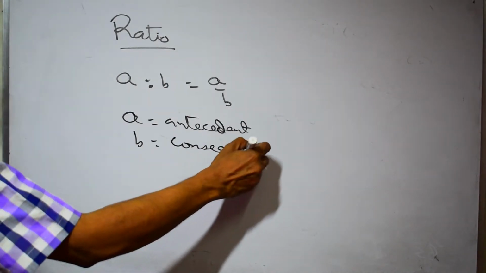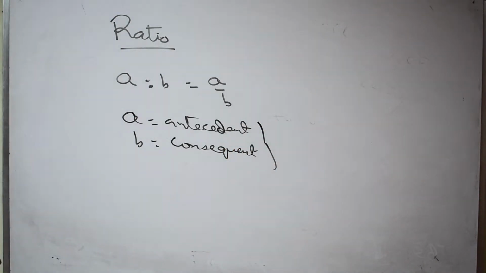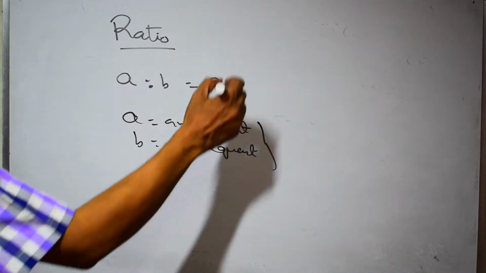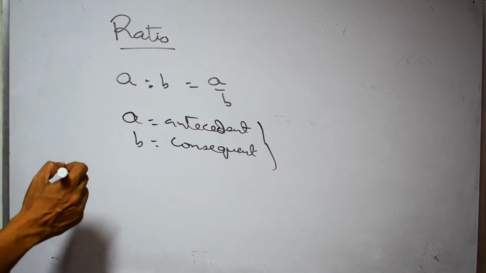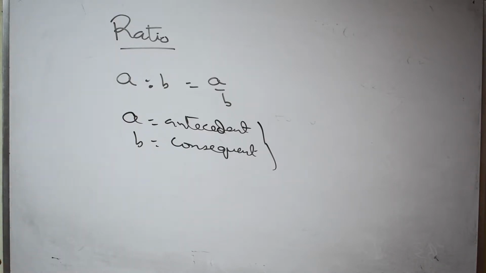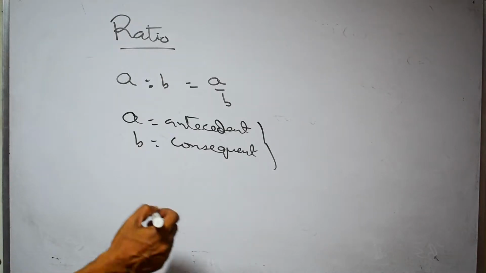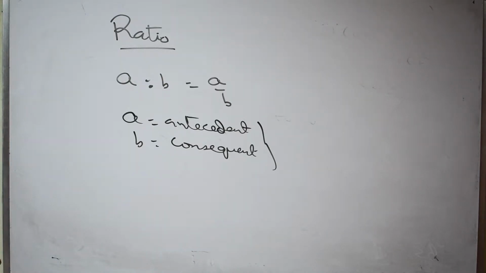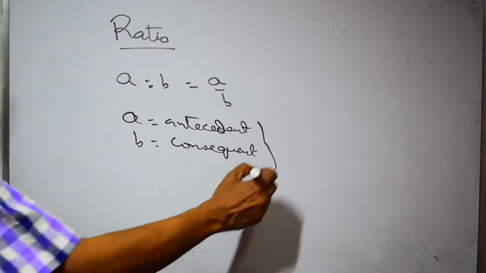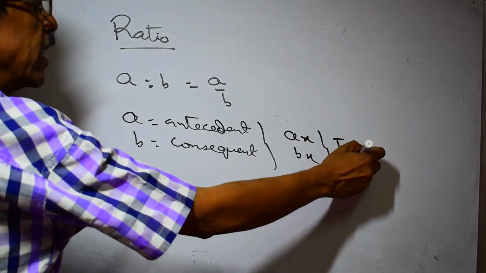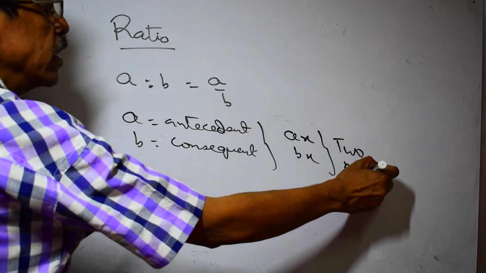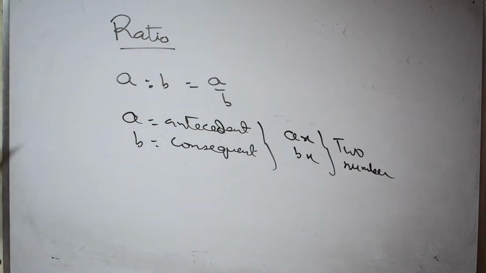Now we have one very important thing: if you say A is to B, then A is the first number, not necessarily, and B is the second number, that is not necessarily. So if it is said that A is to B is the ratio, then we can say that AX and BX are two numbers, where X is the common factor of the two numbers.